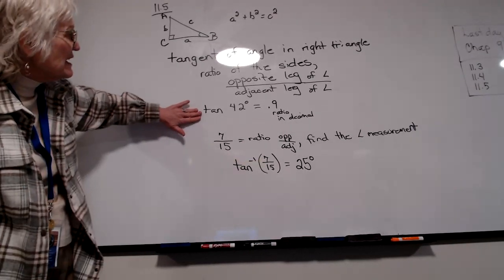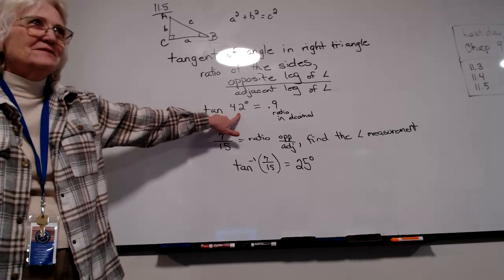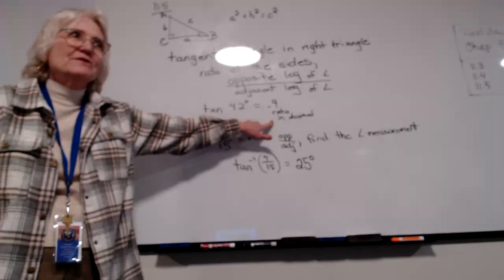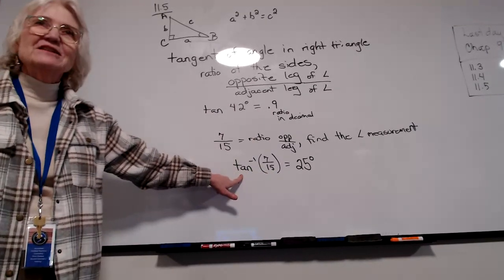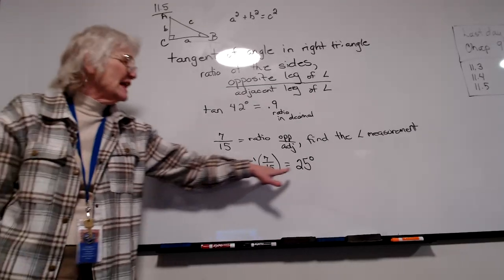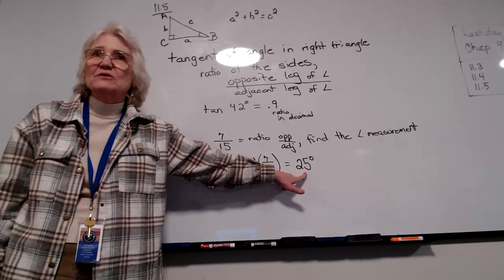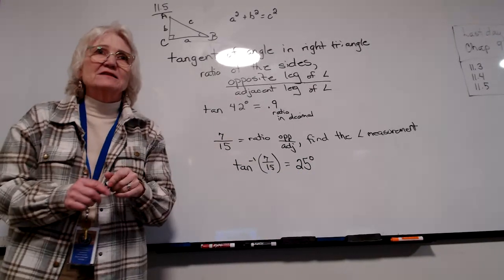So when you put the input in, it's the angle measure. The output is the ratio. If you put the ratio in, you use the inverse, the -1 button, and it gives you out the angle measure.